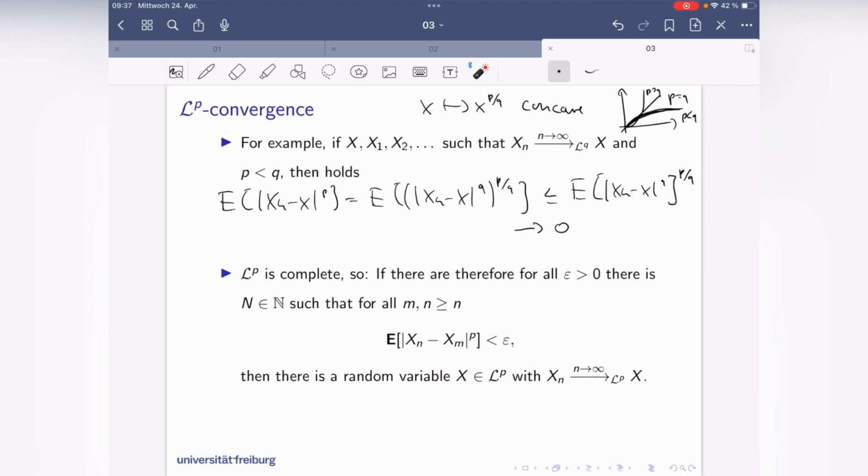If you have epsilon given and you find n and m such that this here is smaller than epsilon for every n and m bigger than some big N here, like this, and then there is an x such that xn goes to x in LP. So that is what is meant by completeness.